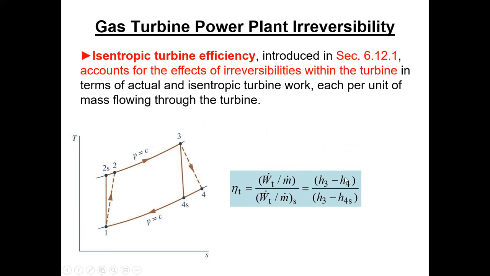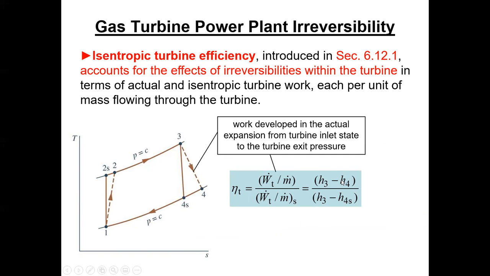And then in terms of our enthalpies, 3 in, this is 4 actual out, divided by 3 in minus enthalpy of 4 isentropic out. So that's what it looks like on the diagram. Given your parameters, you just have to go find the enthalpies and plug in the numbers. Or if you don't know 4 and you know this, then you use this equation to solve for 4, which is pretty common.